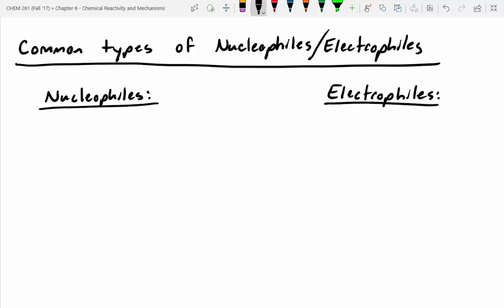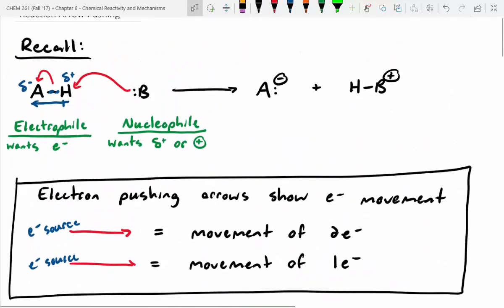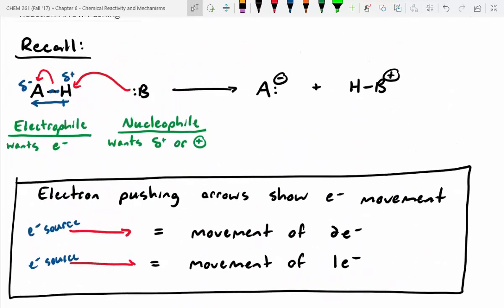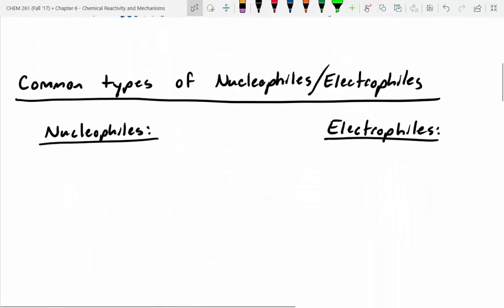So how do we define nucleophiles again? Are they electron rich or electron poor? If we go back up and look at our nucleophile up here, it was pretty electron rich. It had extra lone pairs to donate, right? If you've got lone pairs that you're willing to donate, that means you're rich in lone pairs. You can donate them and be happy. So nucleophiles, a common way of thinking about them is that they are electron rich. Electrophiles, on the other hand, are going to be electron poor. They want the electrons from your nucleophile.